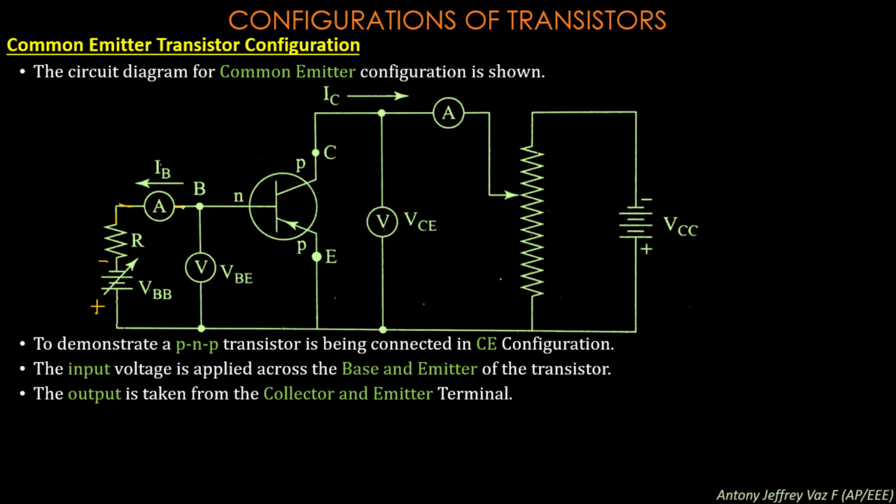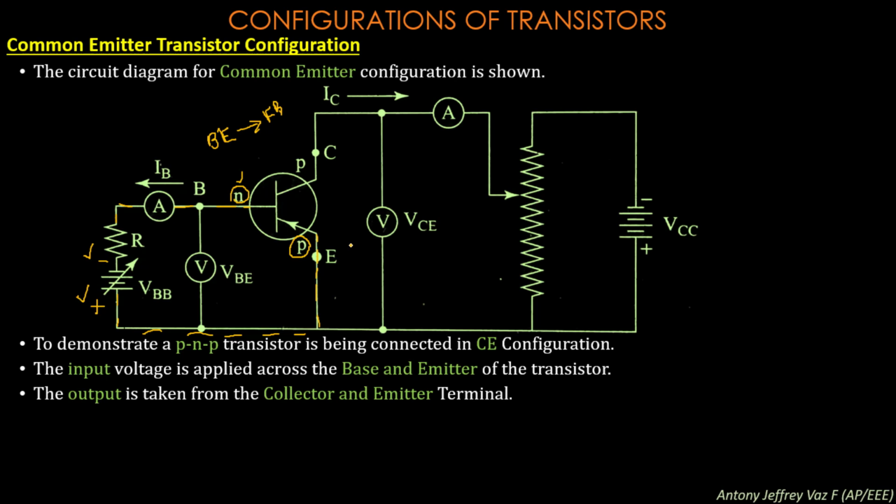Now you see this is the N terminal, and the N terminal is connected with the negative terminal. Here this is the P terminal, and the P terminal is connected to the positive end. So the base emitter junction will be forward biased.